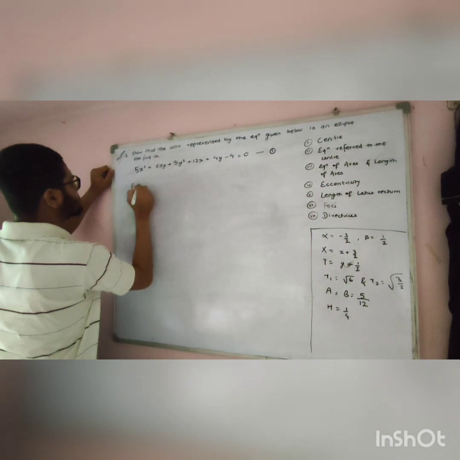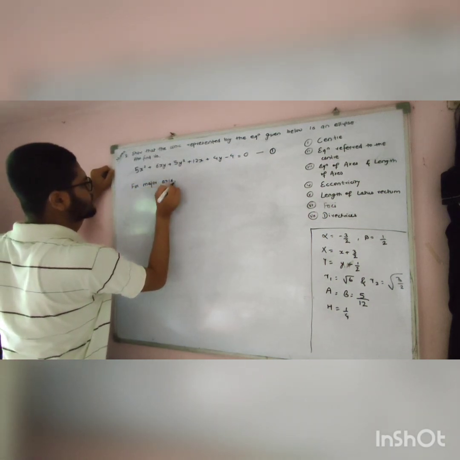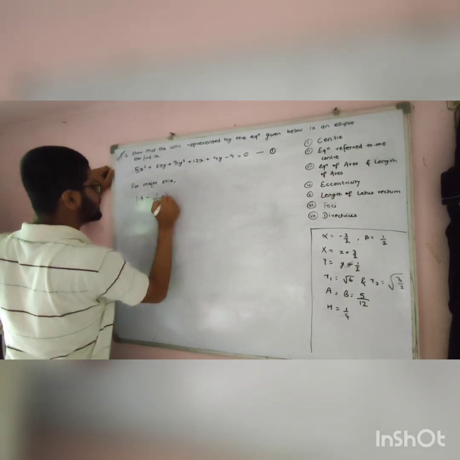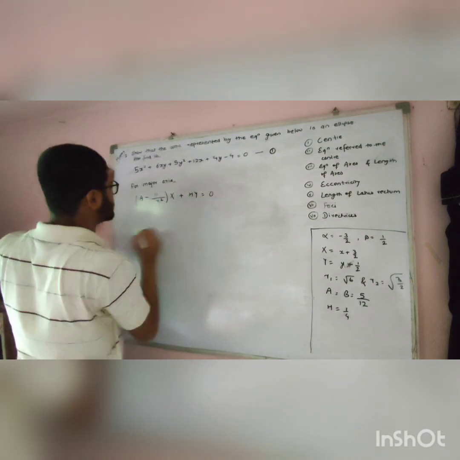So for major axis, we have the equation (1 minus r1 square) times x plus h times of y is equal to 0.